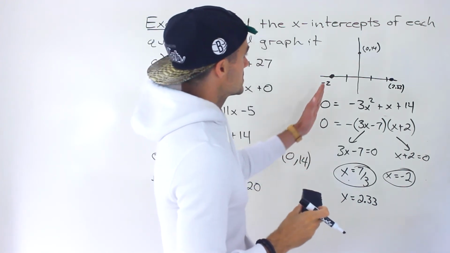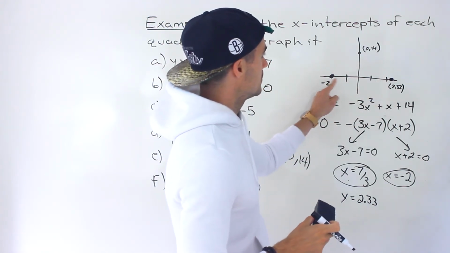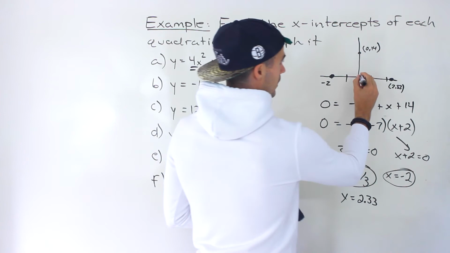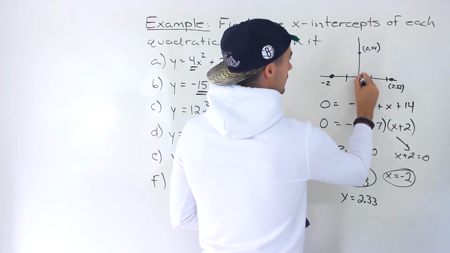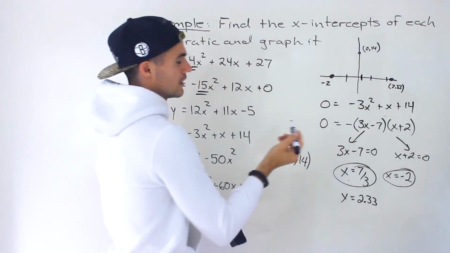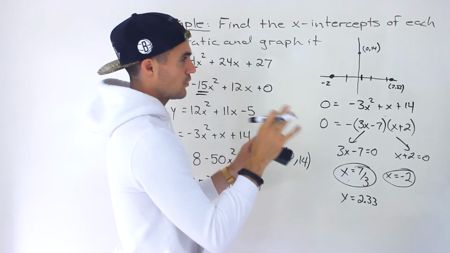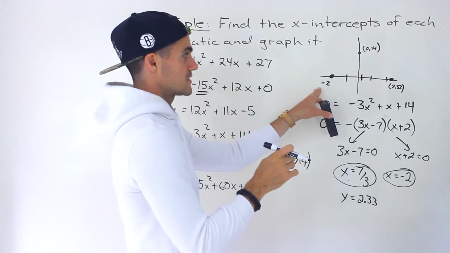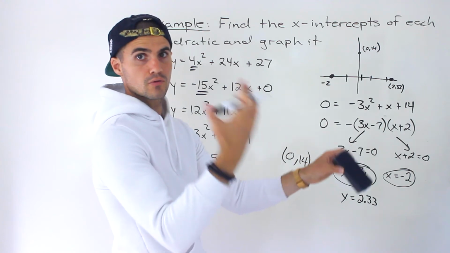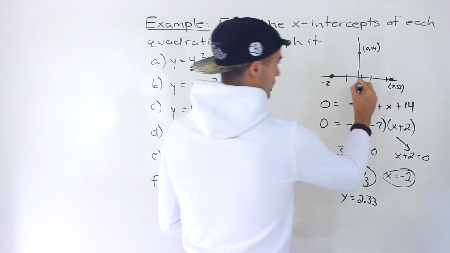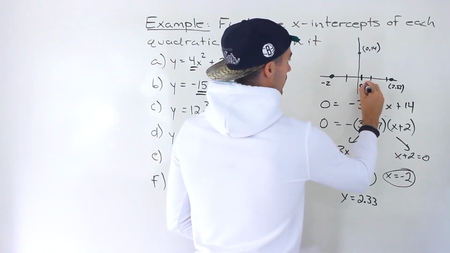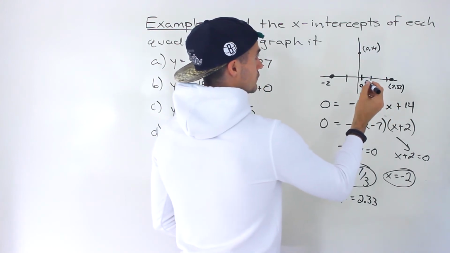Okay, so notice that the axis of symmetry, the midpoint between these, is going to be somewhere like over here. It's going to be like 0.16-ish, 0.17, right? 2.33 plus -2 would give us 0.33, divided by 2 would give us approximately 0.17 if we round it.